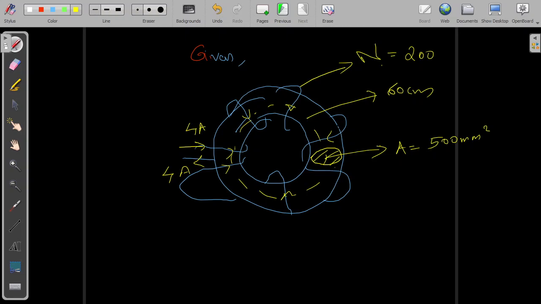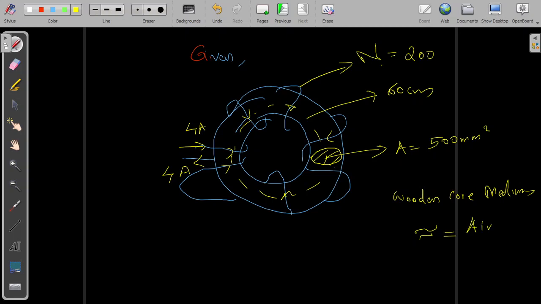Wooden core medium means the core medium is equivalent to air.